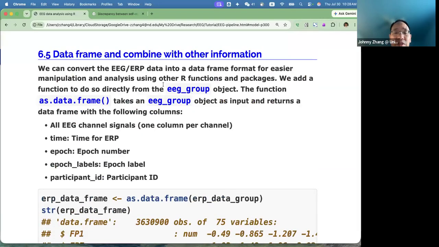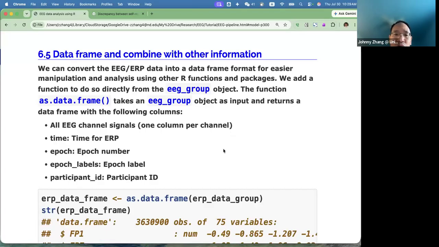Oftentimes when we have ERP data, we want to analyze it with other information like behavior variables. Therefore, we often want to combine our EEG or ERP data with other information.